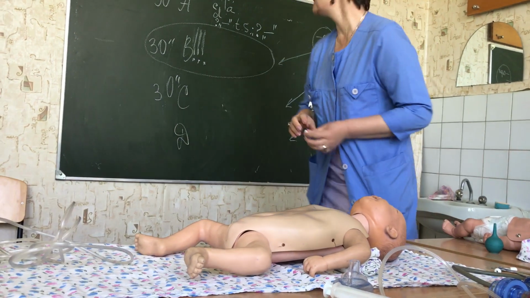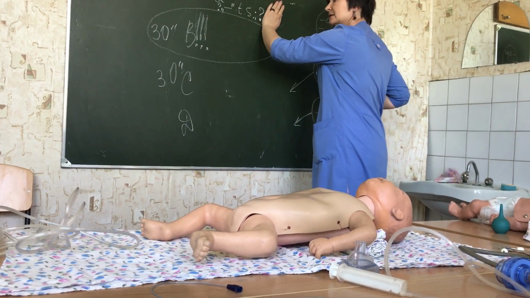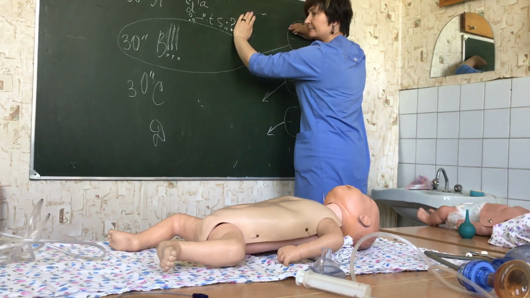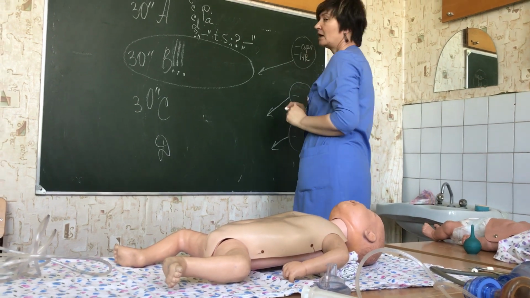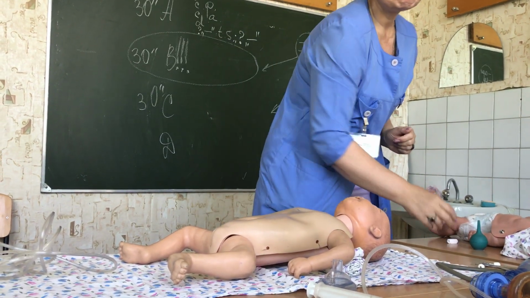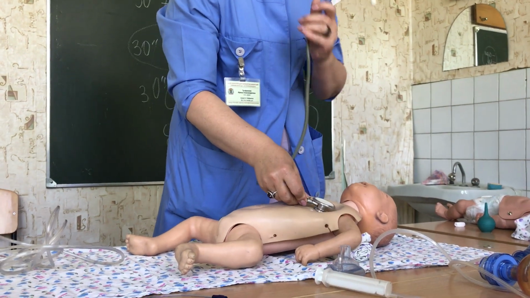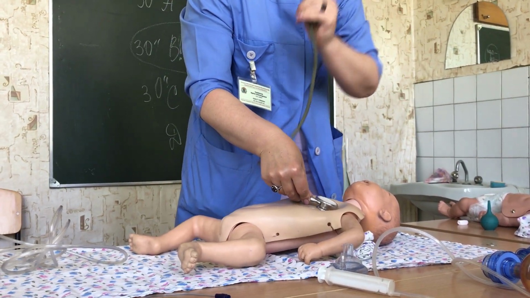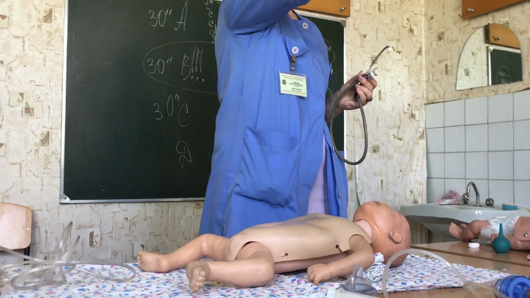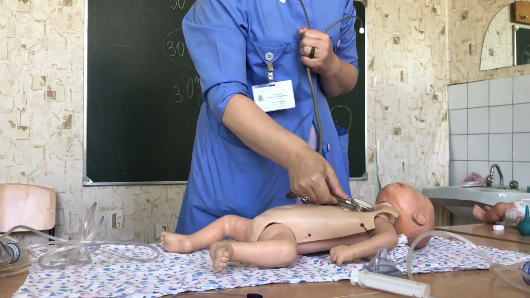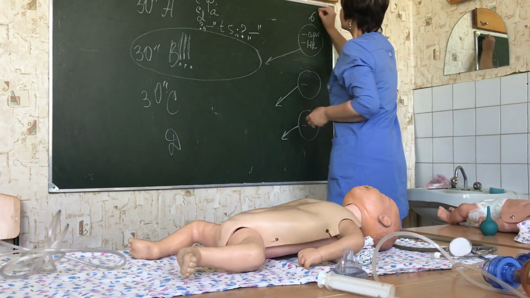But if after tactile stimulation the baby starts to breathe, apnea absent, you check heart rate. You look at the watch which is in your visual line, and you check heart rate in 6 seconds.